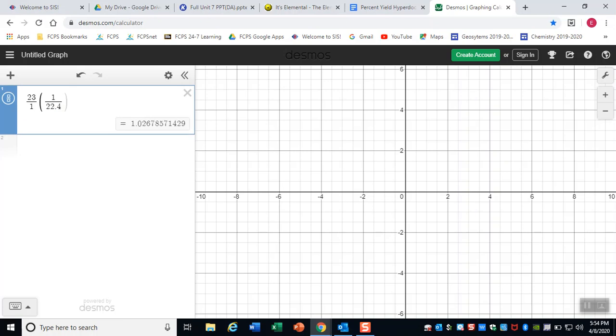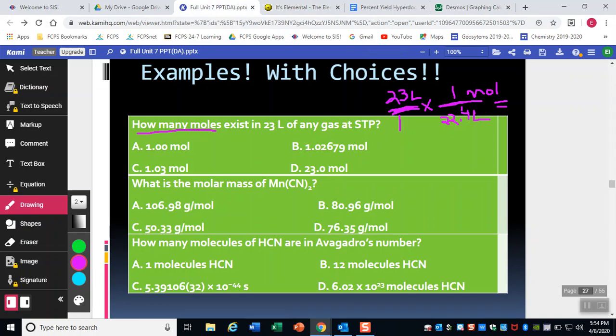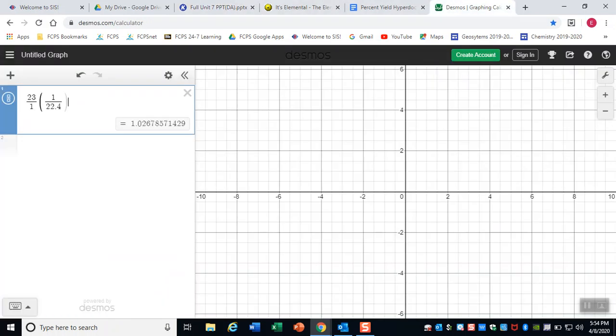This is called a conversion factor, and it can flip over because these are equal: 1 mole equals 22.4 liters. Technically, it's just 1. The units tell you what goes where. So this is liters up top, so this is liters on the bottom. And notice I get a little more than 1 mole. So what would be my best answer here? 1.03.